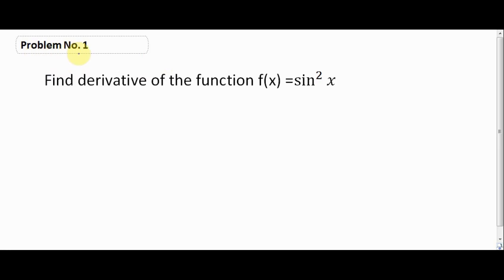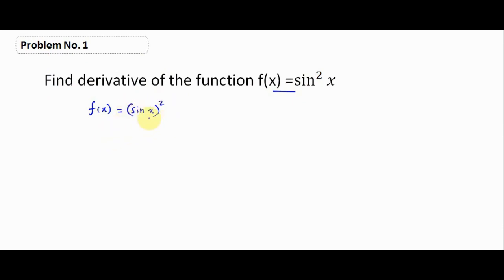Let's see problem number 1. Find derivative of the function f of x equal to sine square x. So in this case, the function f of x is given as sine square x. Let's rewrite that. We may write it as sin x the whole square.